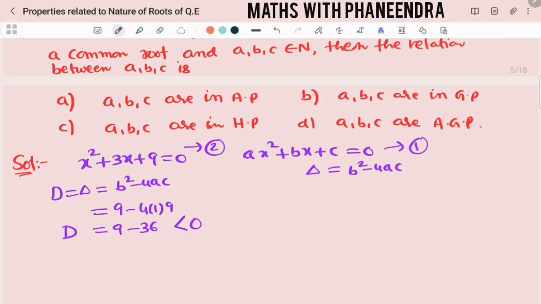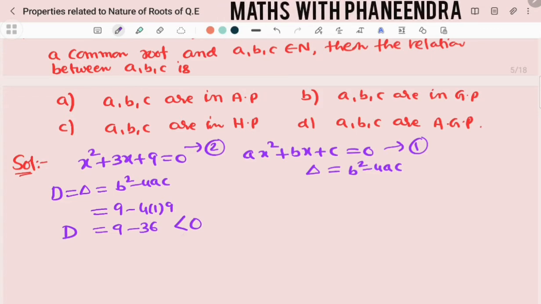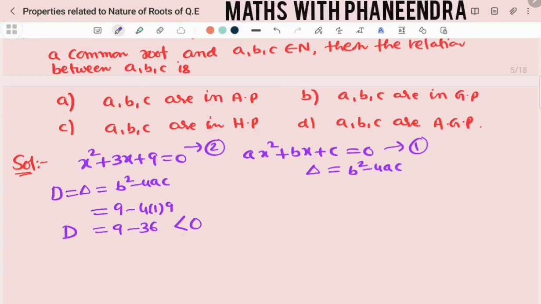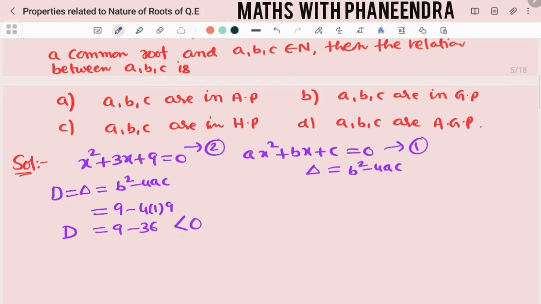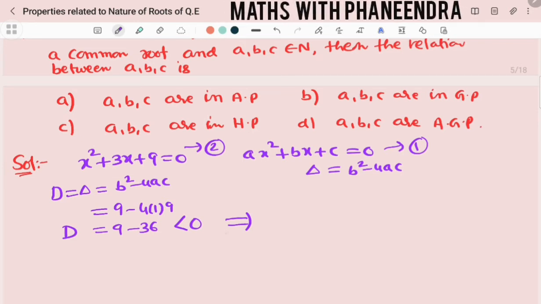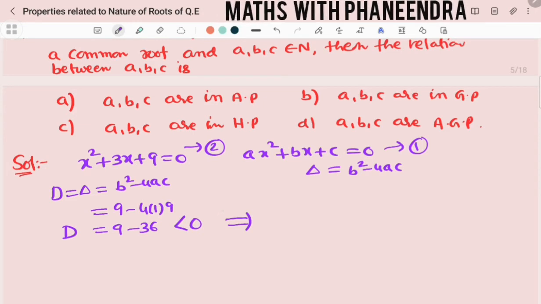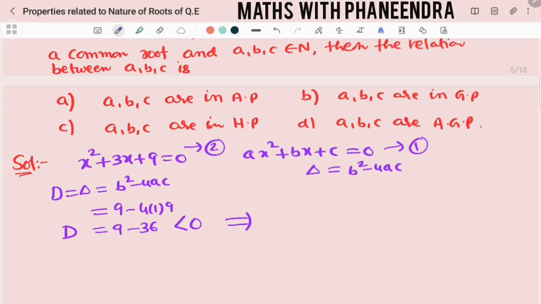So one of the quadratic equations has discriminant less than 0, which means imaginary or complex roots. That implies that whenever the discriminant is less than 0, the coefficients of like terms in the given equations are proportional.